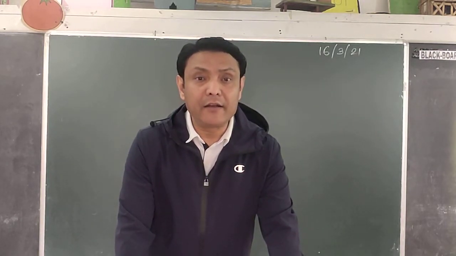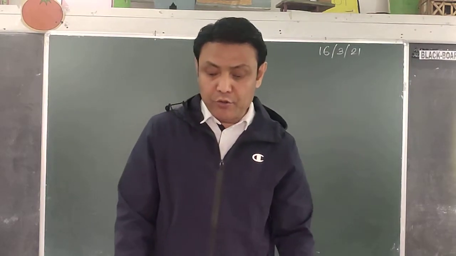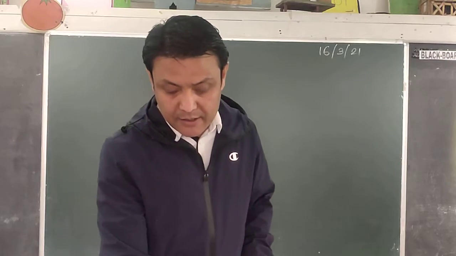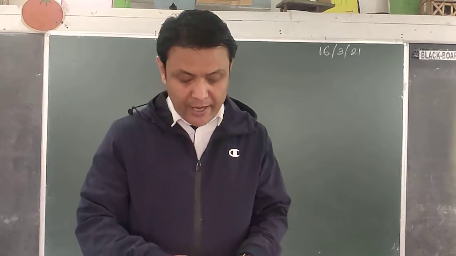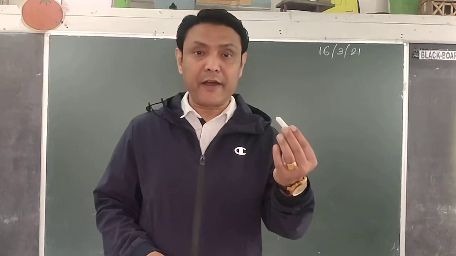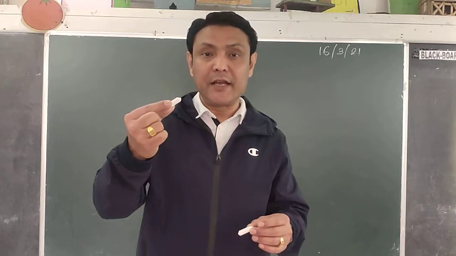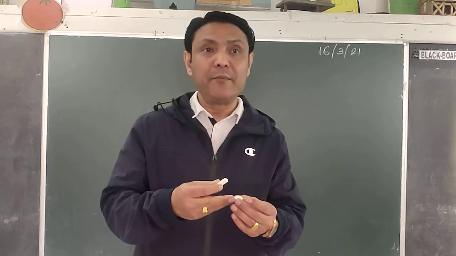Magnetization of piece of iron. Now you turn a piece of iron into a magnet. How do you do that? Suppose you have a piece of iron here, a normal piece of iron, and here on my right hand I have, let's say, a magnet. Now how do you magnetize this piece of iron?